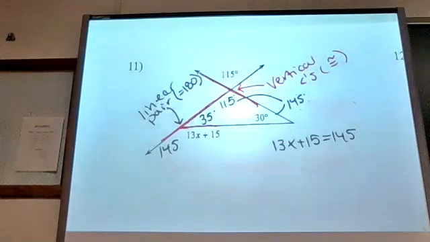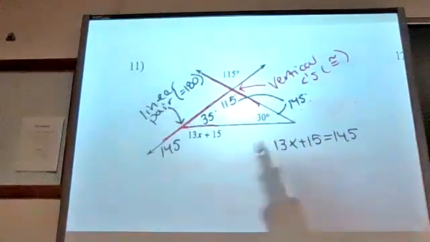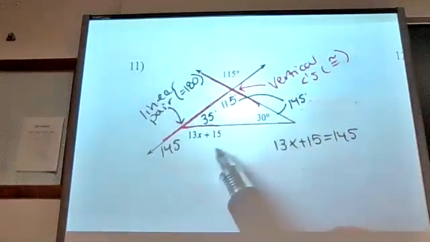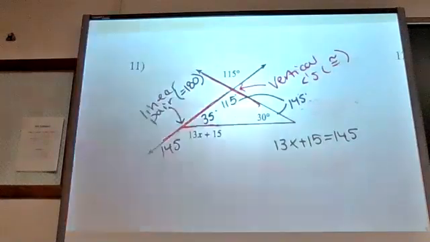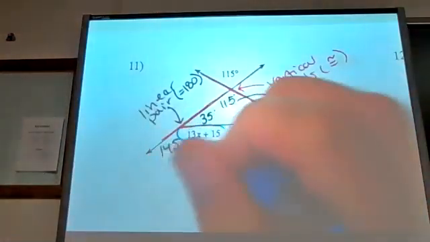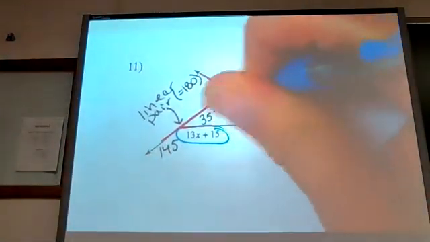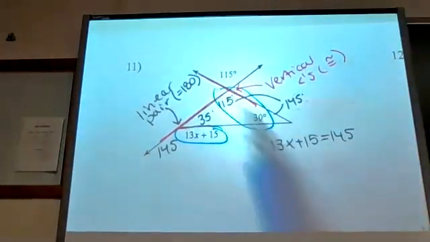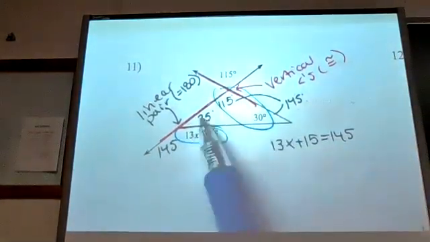Okay, so that's one way to do it, is kind of puzzle piece your way through till you get to your angle. The other way that I could have done this is using the exterior angle theorem, which says that this exterior angle adds up to the two remote interior angles, so the two interior angles that it's not connected to.